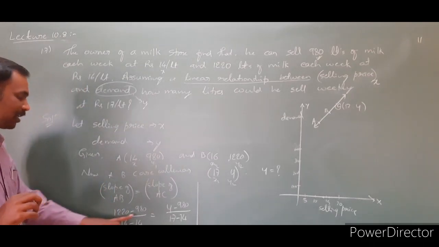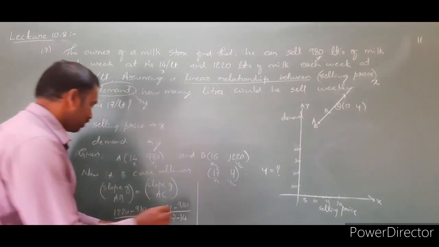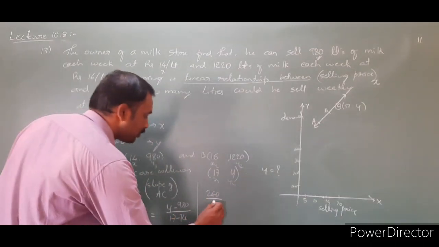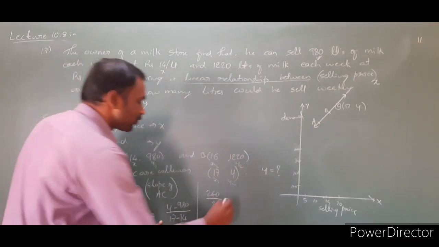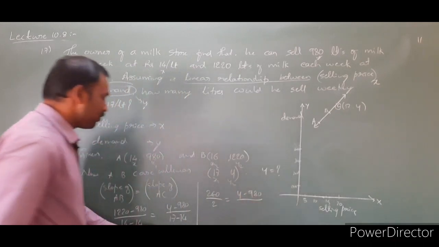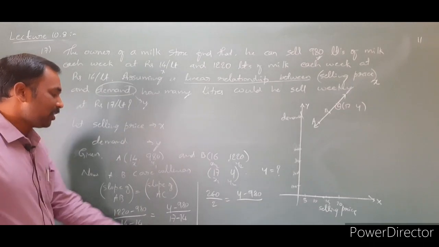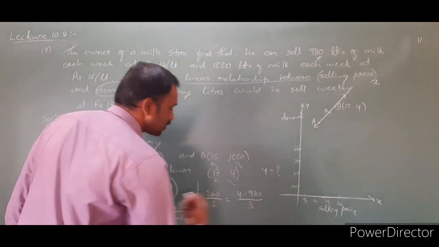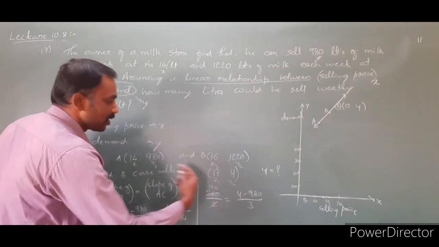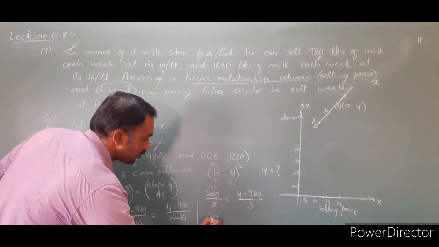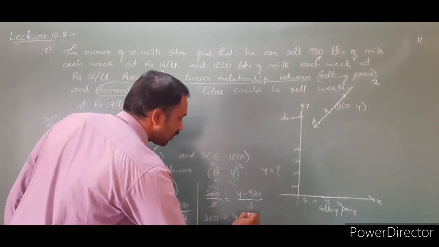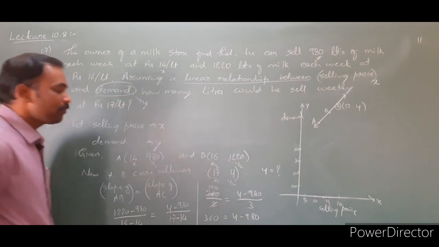It is 240. So 240 divided by 16 minus 14, which is 2, is equal to y minus 980 divided by 17 minus 14, which is 3. Cross multiply: 120 into 3 is 360, equal to y minus 980.